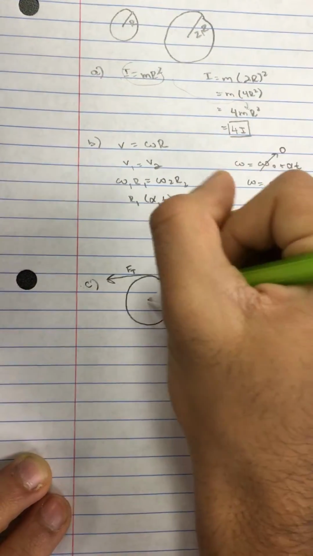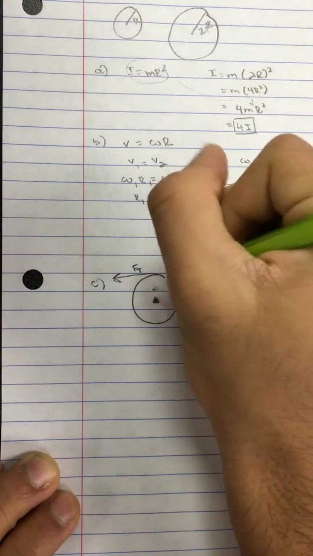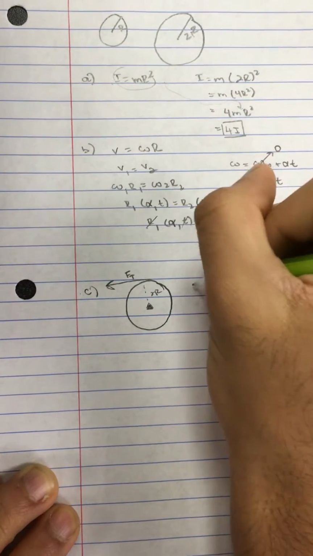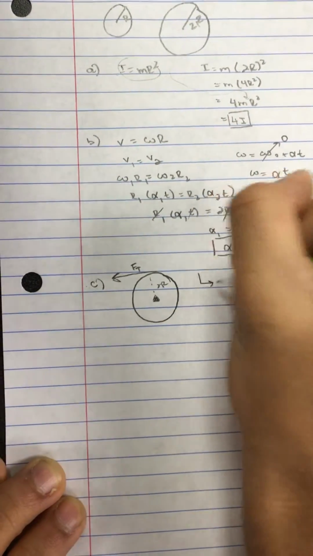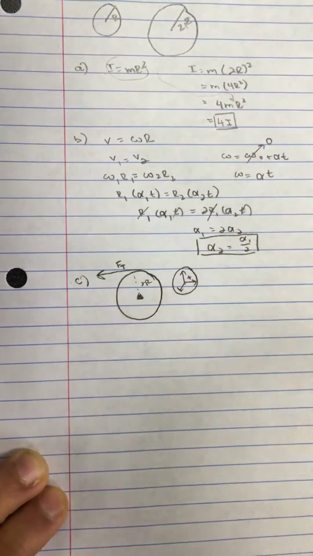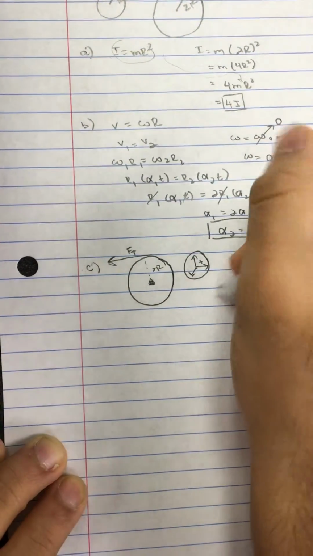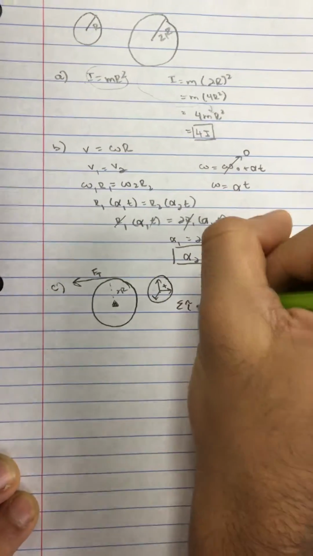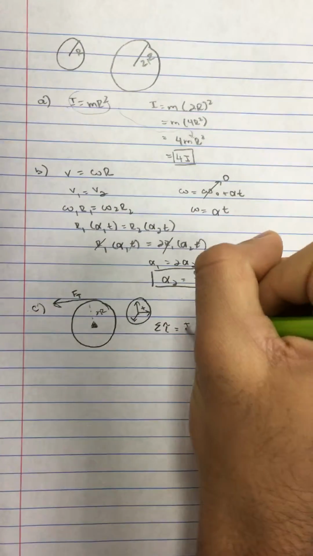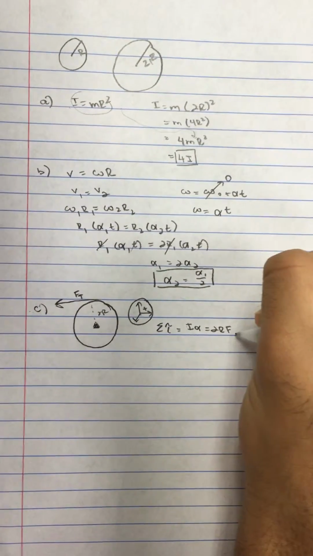Let's set our fulcrum right in the middle, and we know that this distance here is 2r. Let's use the traditional, conventional sign convention, with counterclockwise being positive. So if we write our sigma tau statement, it will be equal to I alpha, which is equal to 2r times Ft.